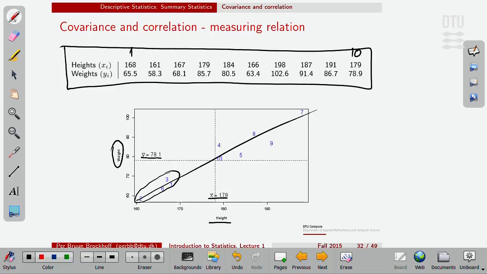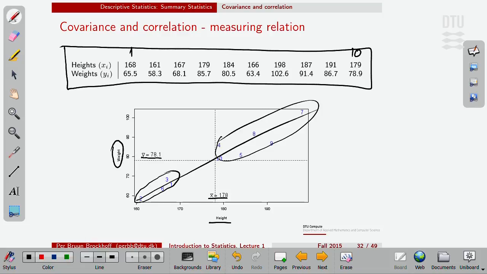Which means that they have negative differences, both on the height and the weight. These guys up here all have positive differences, both on height and weight, right? So their difference to the mean is positive, both on height and weight. So when I multiply positive, positive, it becomes positive. When I multiply negative, negative, it becomes positive.